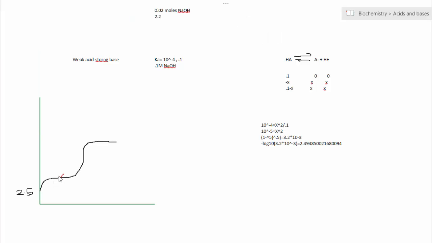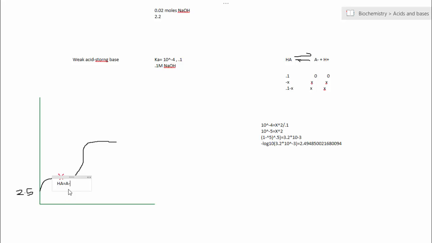Okay, around this point. This point is called the mid-equivalence point, or the inflection point of this curve, at which the concentration of the acid equals the concentration of its conjugate base. So here we have equal concentrations of acid, HA, and A minus.